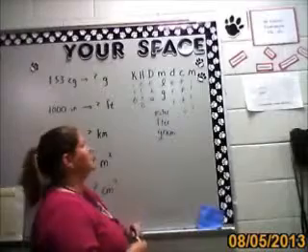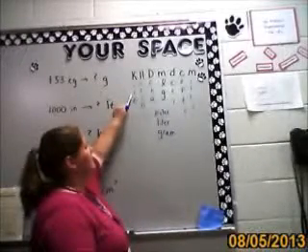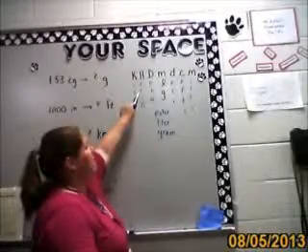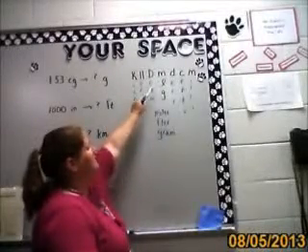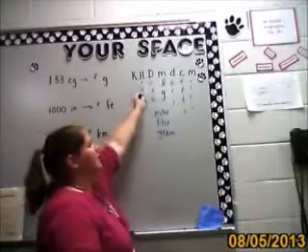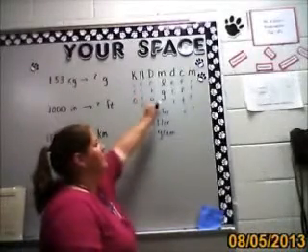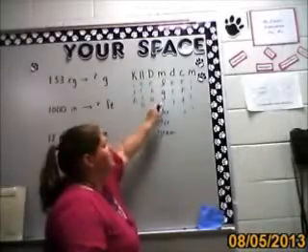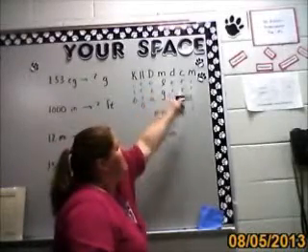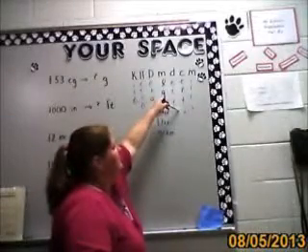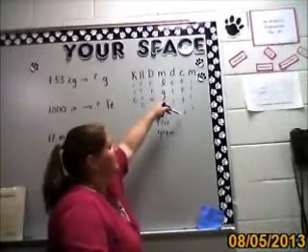This is our conversion system where K is kilo, H is hecto, D is deca, notice these are capitals, M is meter, L is liter, G is gram. This is our base unit. The lowercase side, D is deci, C is centi, M is milli.